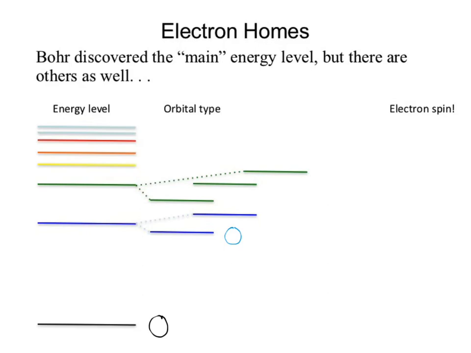Now the new one on top of that becomes the dumbbell. When we go up to the third energy level, what happens? I get a sphere, I get a dumbbell, and then I get what we would call a cloverleaf, or what we're attempting to call a cloverleaf.